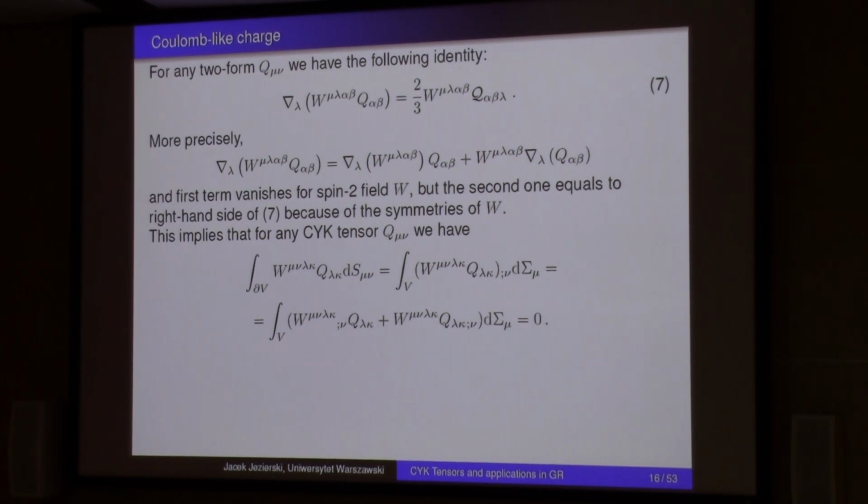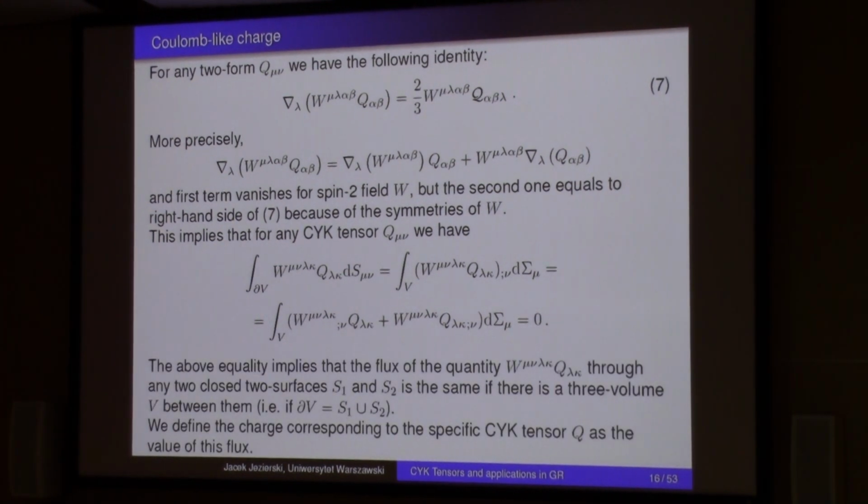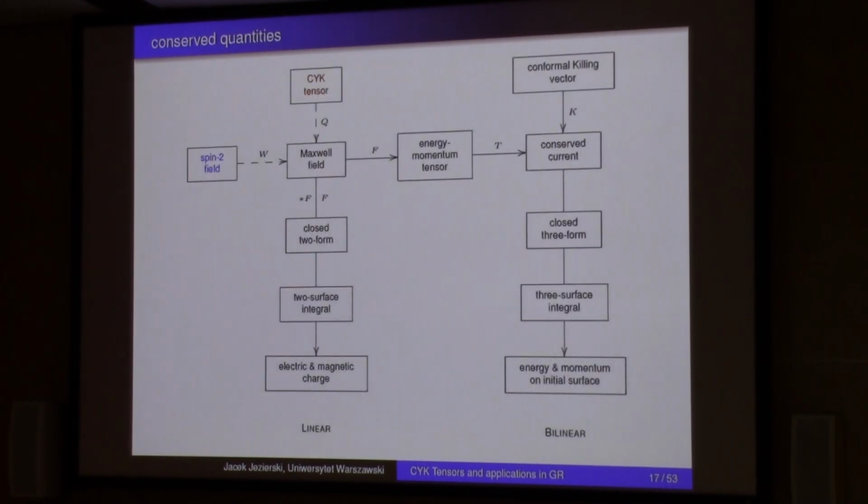You end up with the observation that whenever W is a spin-2 field and Q is a conformal Yano, which means that the right-hand side in 7 vanishes, then you produce a gravitational charge, which is an electromagnetic analog.